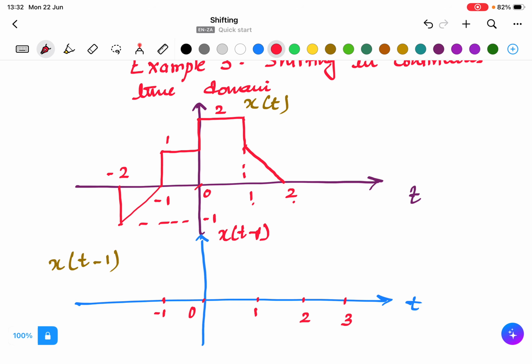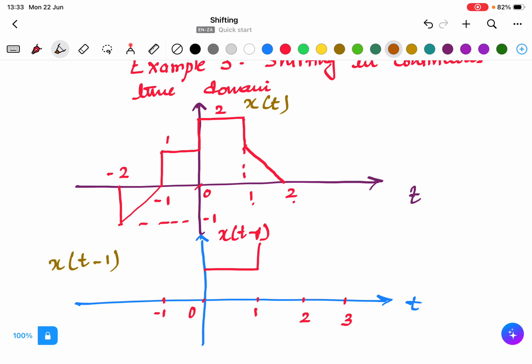So if we plot it, let me take another color here. This is minus 1, and this amplitude is also minus 1.